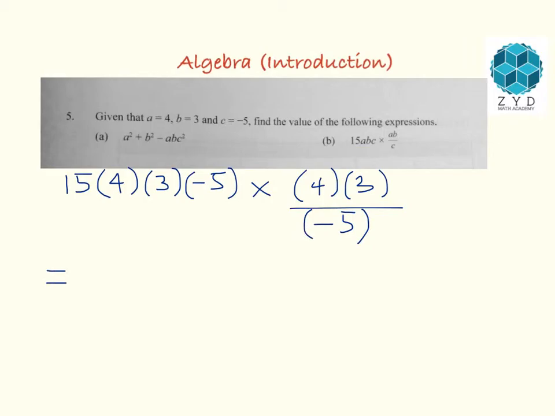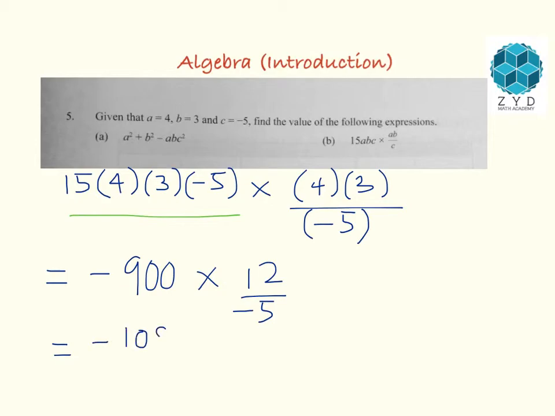When we evaluate the answers for this one, we are going to get a negative 900 multiplied by 12 over minus 5. And negative 900 multiplied by 12 gives you a negative 10,800 divided by negative 5.